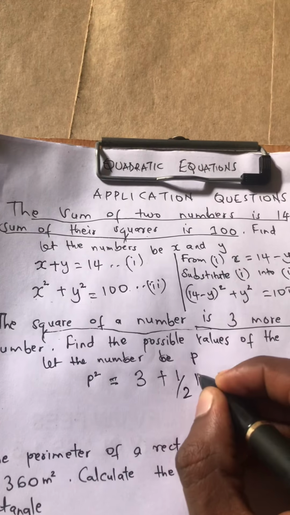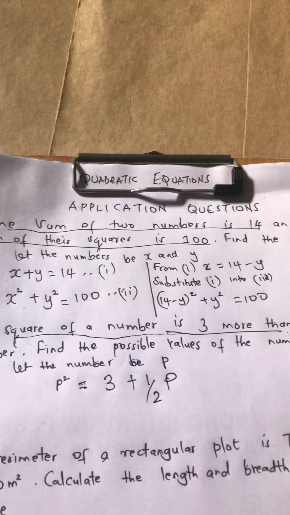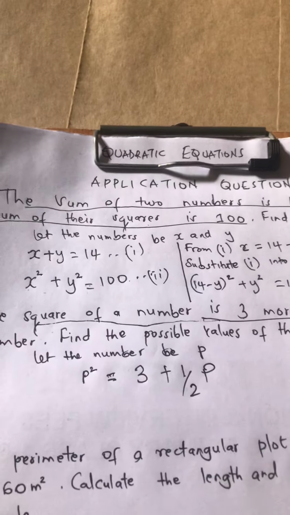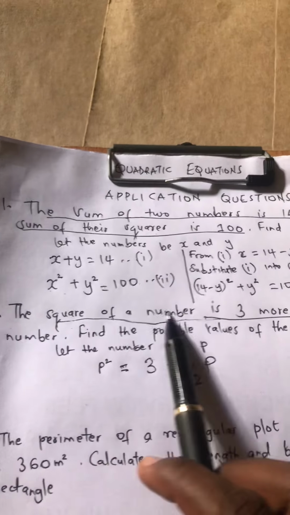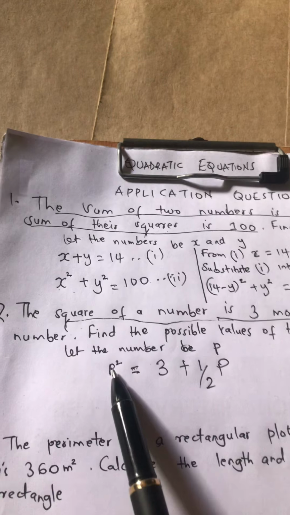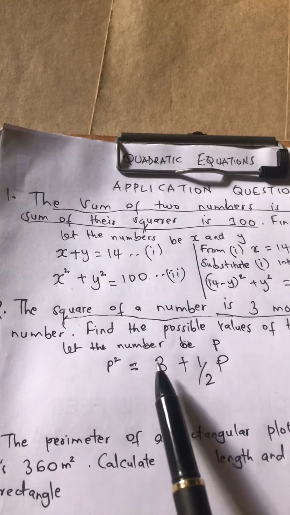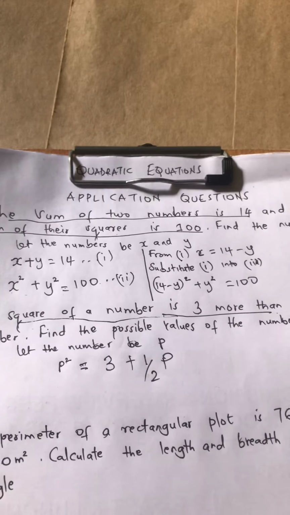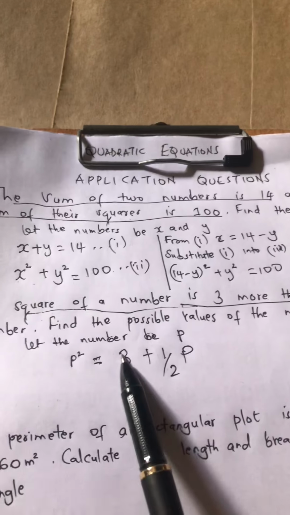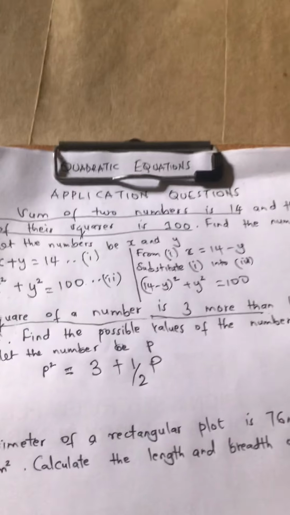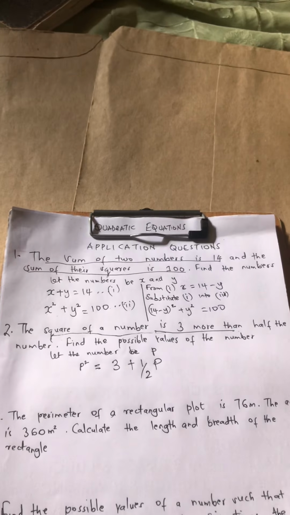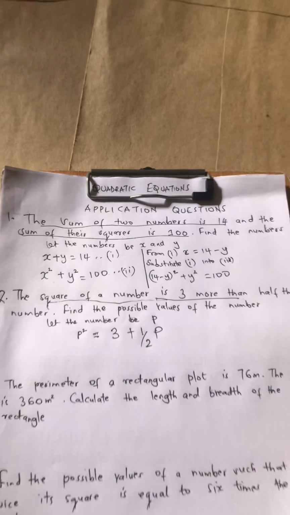Half the number is a half of P. So P square is equals to 3 plus a half P. Hapo sawa?